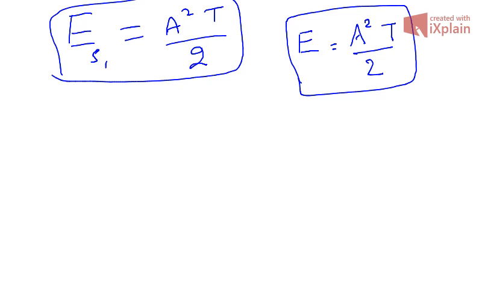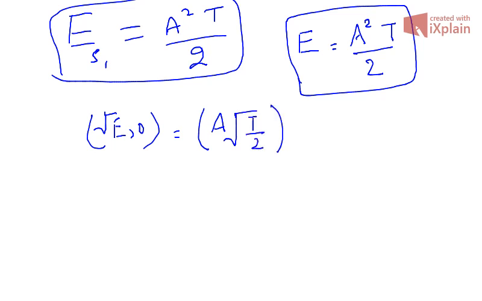So our signal points would be square root of E, where E is A squared T over 2.